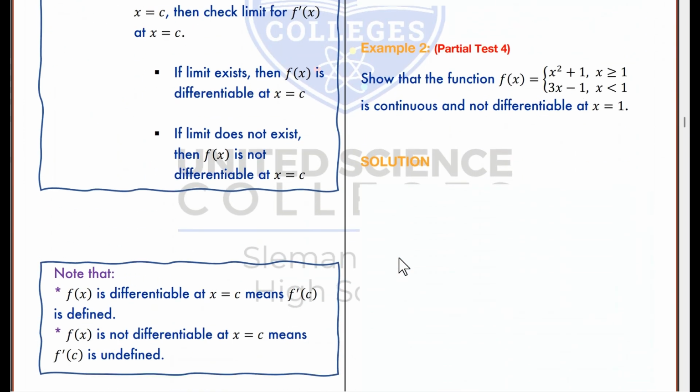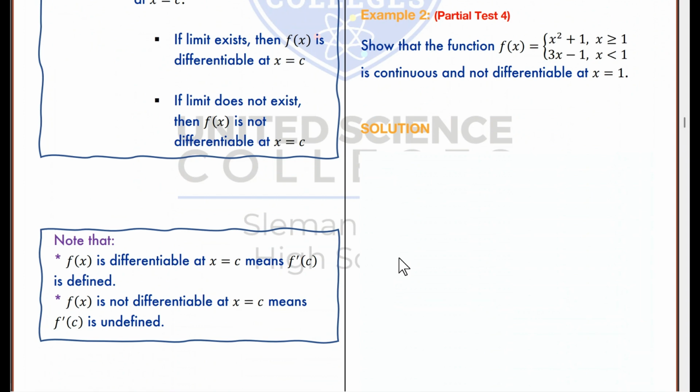Okay, let's take a look at another question, which is differentiable. This one, checking continuity. First case, a function case. The value of the function at 1, is this defined? 1 squared plus 1. Yes, it is defined. The first condition is satisfied.